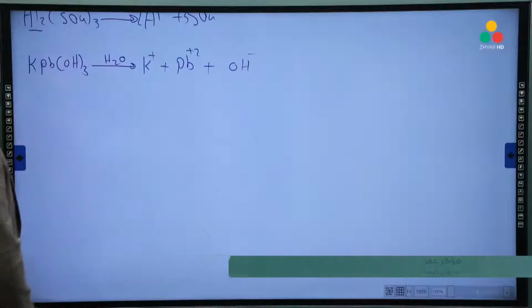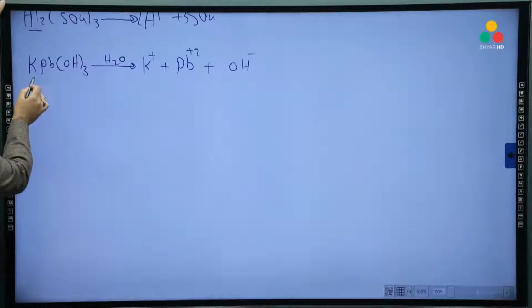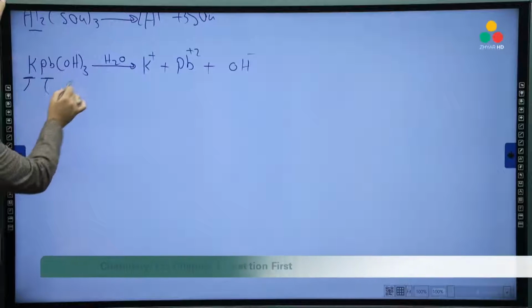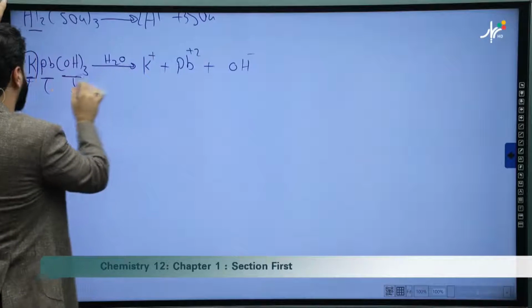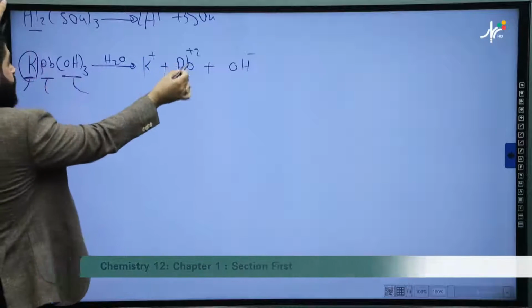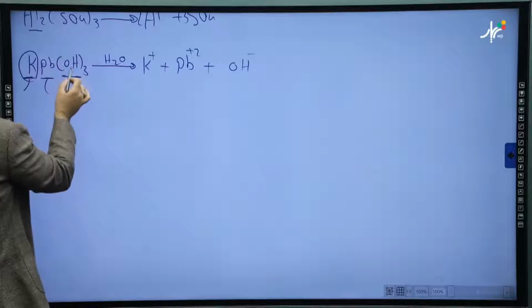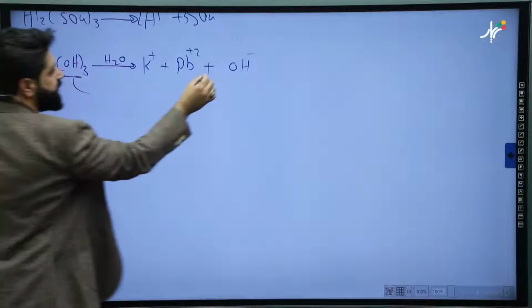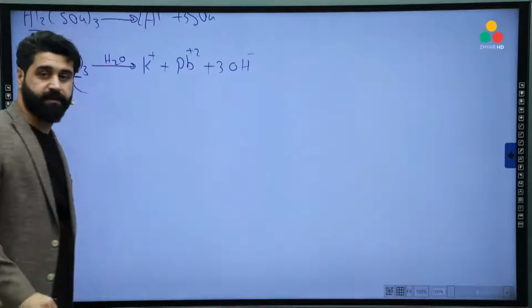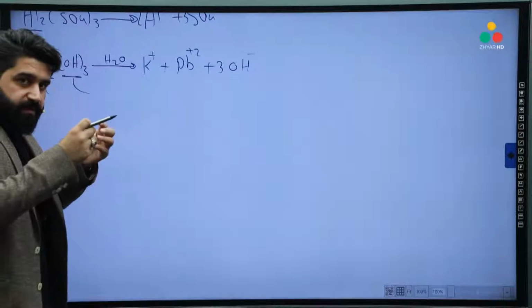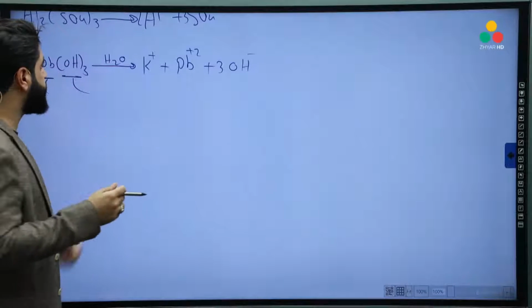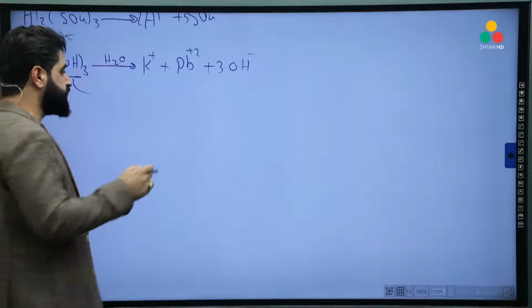Separate ions. Here we have K, we have Pb, we have OH. K is 1 and 1, it's okay. Pb 1 and 1. Okay. 3 hydroxide anions, here we have 1, so multiplied by 3.